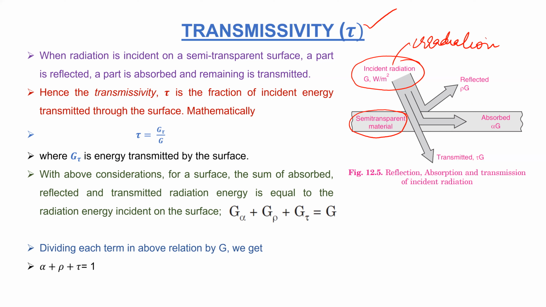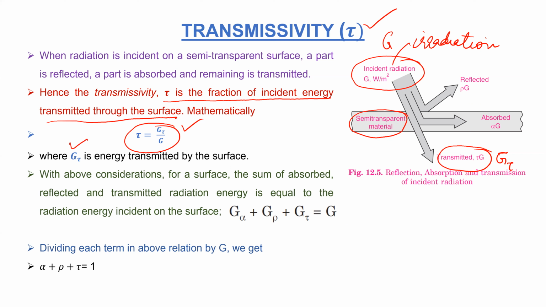So the incident radiation falling on a surface is known as the irradiation, and the part of it which is transmitted is represented as G tau, and the ratio of G tau to G is known as the transmissivity. Tau is the fraction of the incident energy transmitted through the surface, and it is given by tau equal to G tau by G, where G tau is the energy transmitted by the surface.